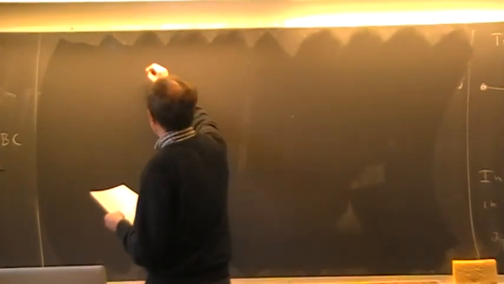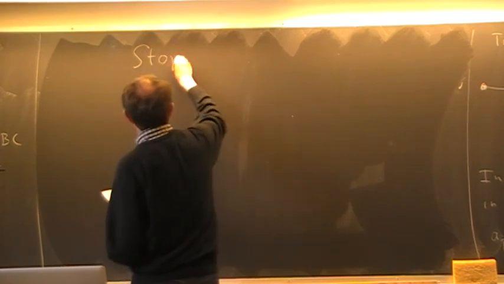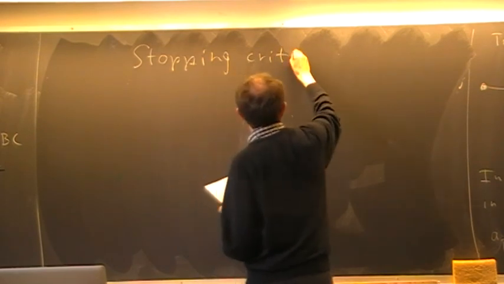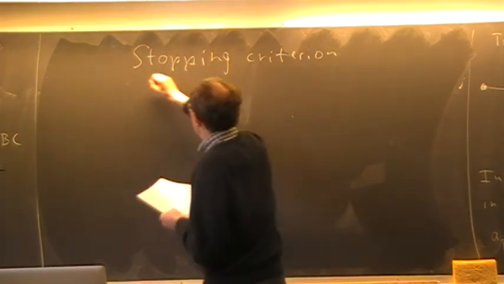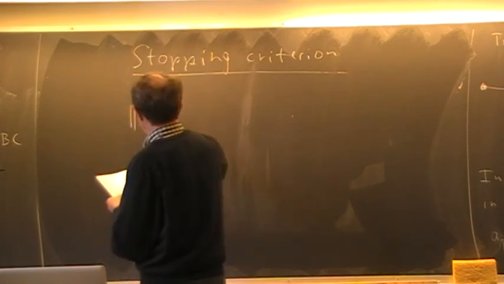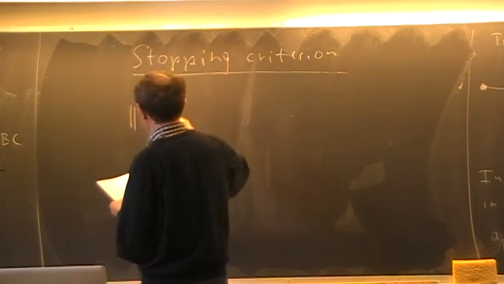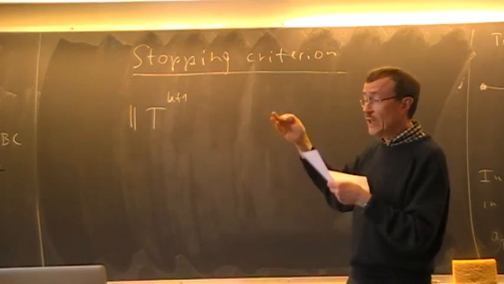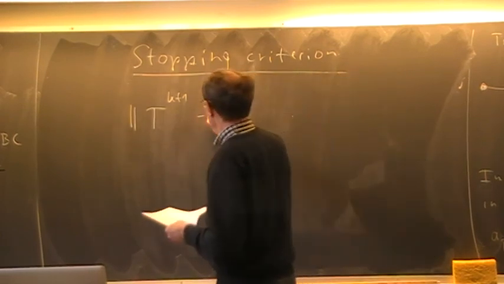Let's see. So you would have to implement the stopping criteria. And the one that we used was that iteration k plus 1. For that you would really need to introduce a new variable to be able to distinguish the iterations.